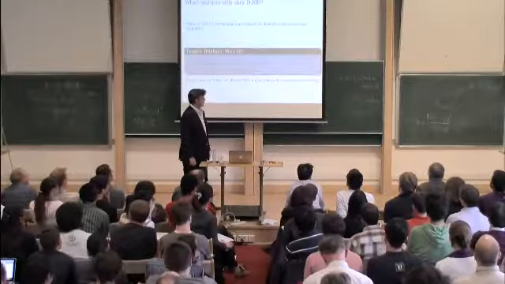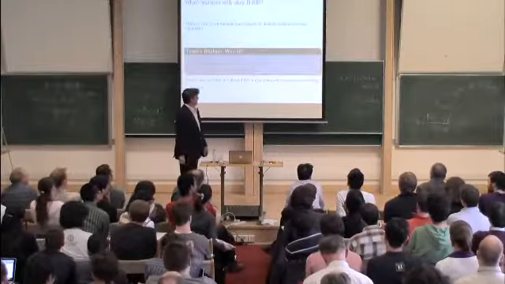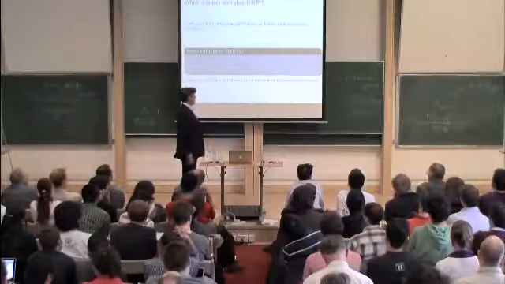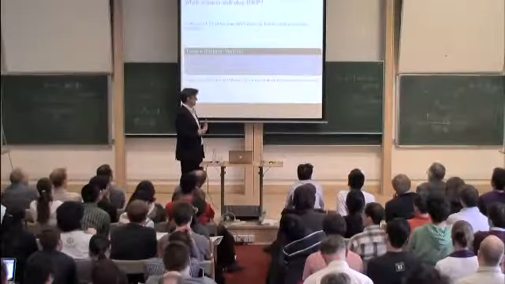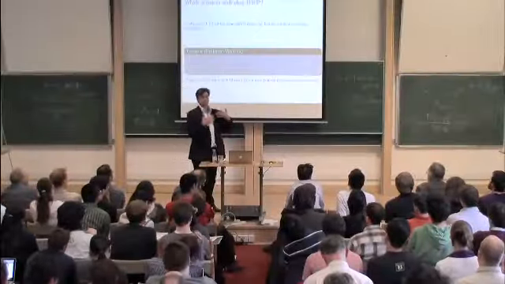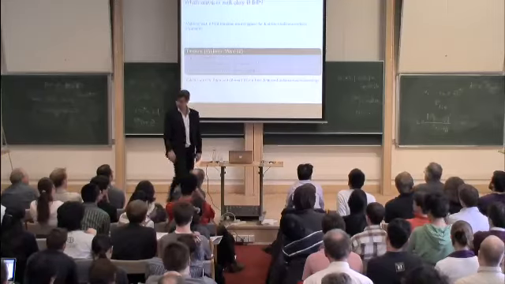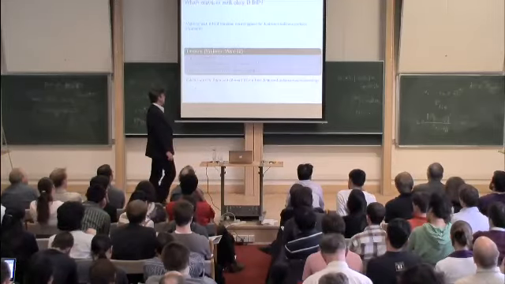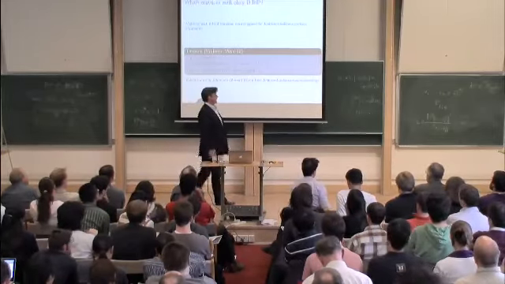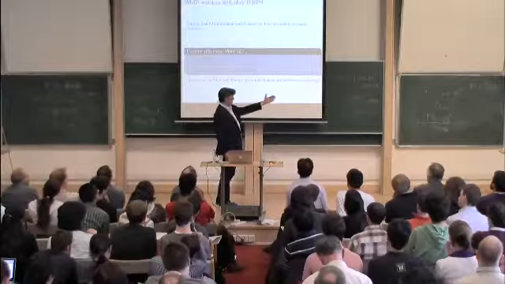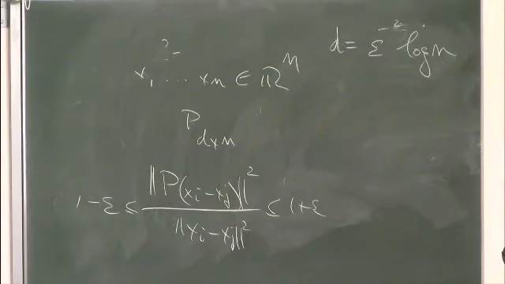In theoretical computer science, people like this because it means I can take data sets, and if I'm interested in their nearest neighbors, I can project these data sets and preserve distances. So it has become interesting to find constructions that preserve pairwise distances but come with fast algorithms.